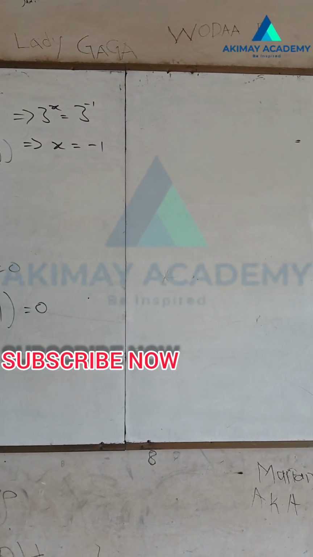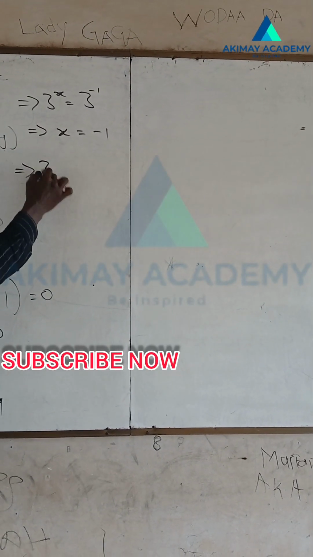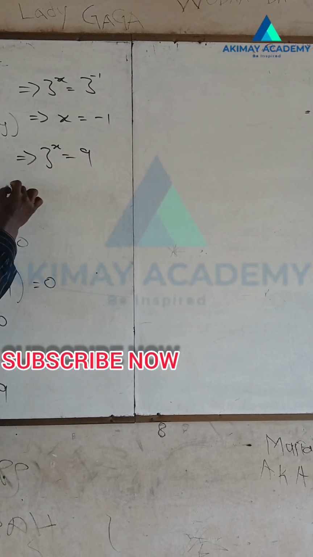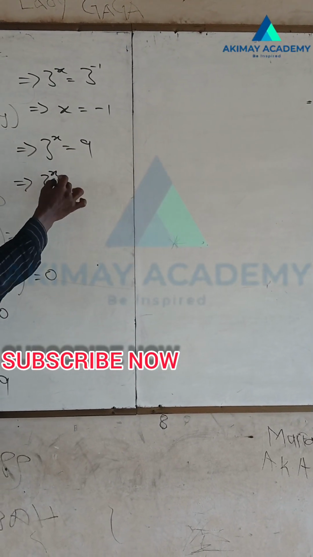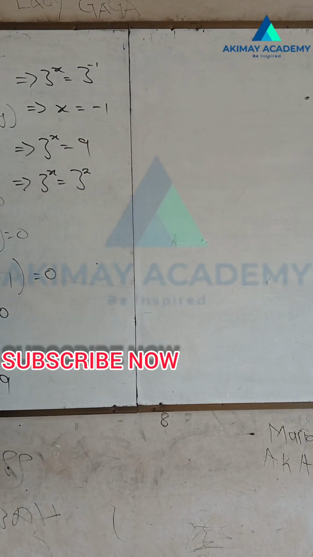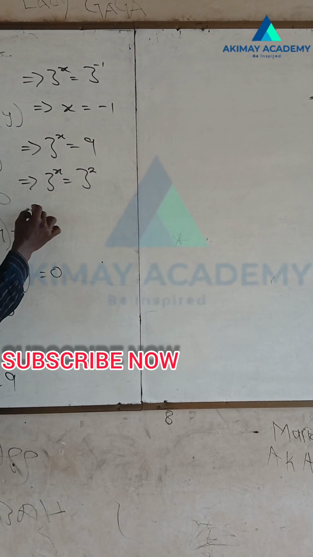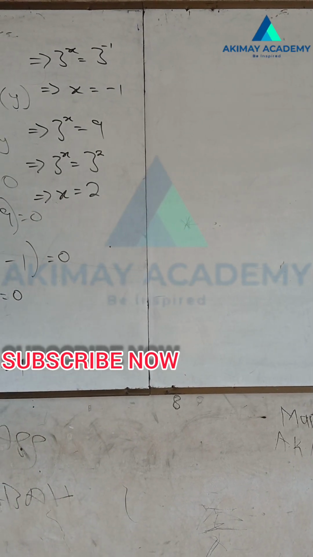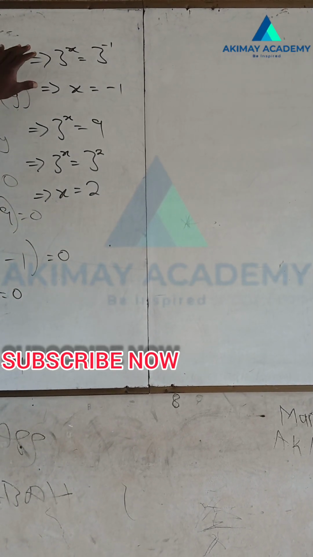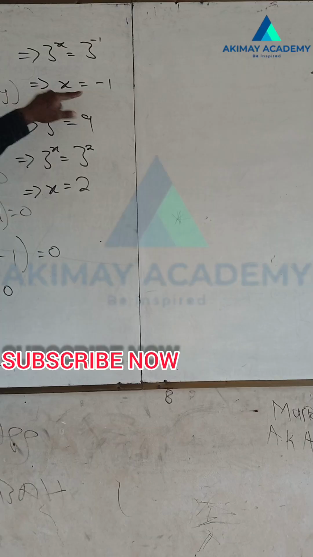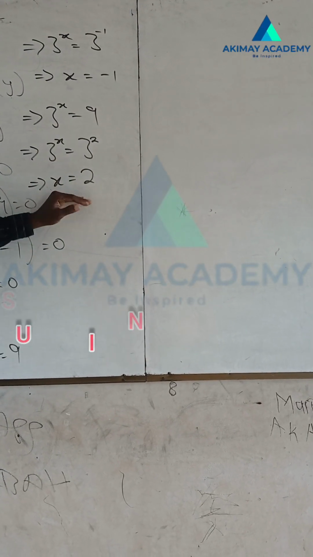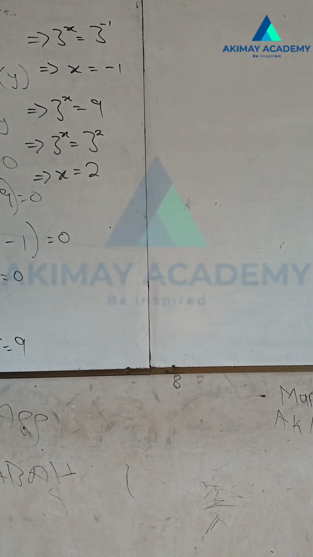Then we take the second part: 3 exponent x equals 9. So 3 exponent x equals 3 exponent 2. The bases are now the same, and therefore our x equals 2. So in this case, the values of x from the equation are x equals negative 1 or x equals 2. And this is the solution for the problem.